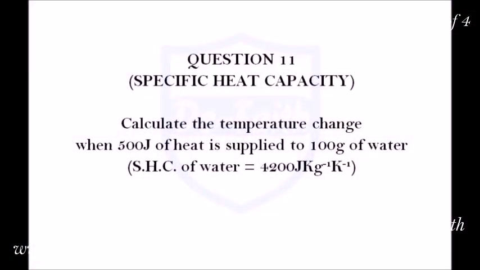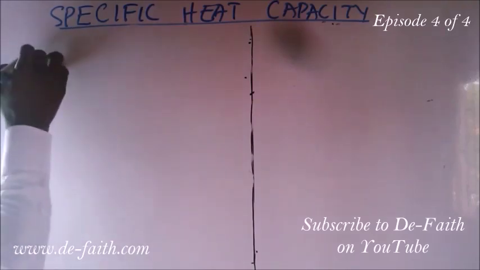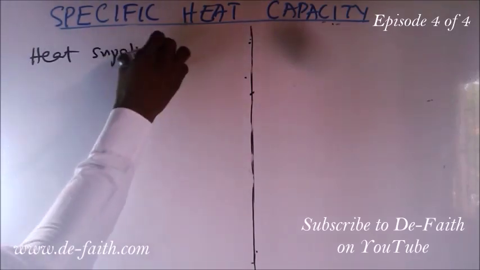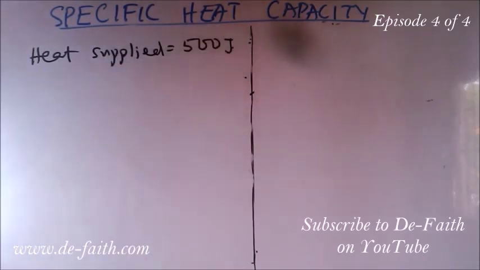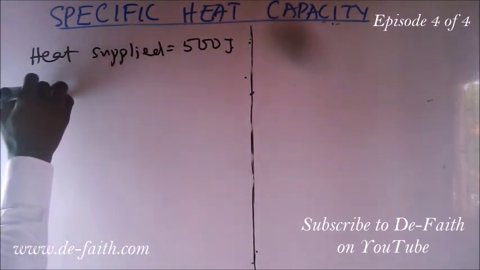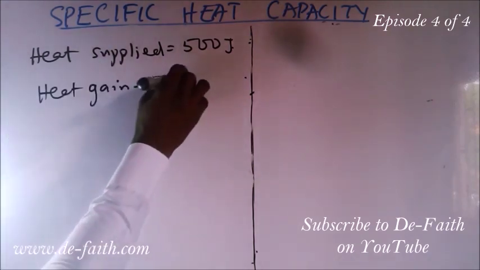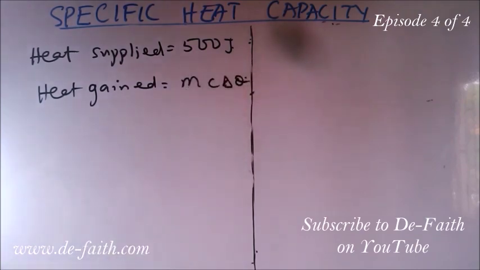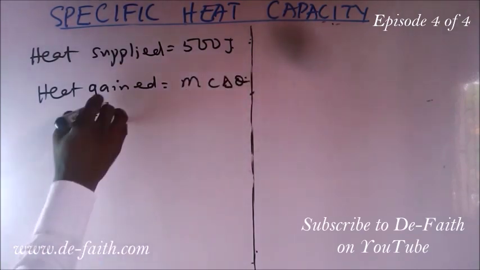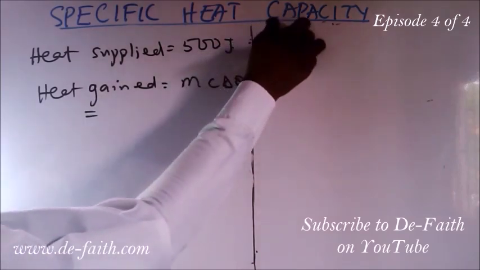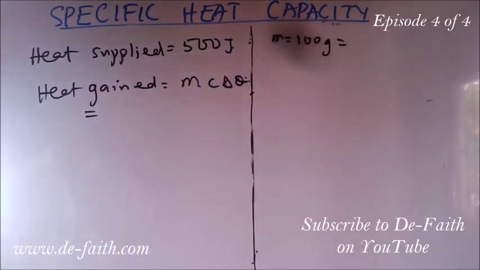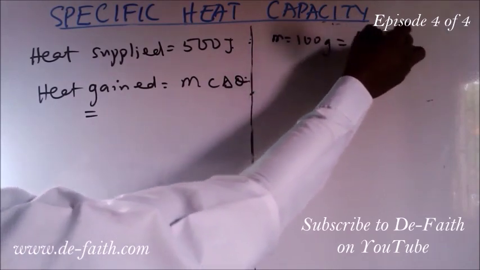The temperature change when 500 joules of heat is supplied to 100 grams of water. This is quite straightforward. We are told that heat supplied equal to 500 joules, and then heat is absorbed or gained, which is MC, change in temperature. So it was gained by the water. The mass of the water which was given is 100 grams, which we will convert into kilogram, and that will give us 0.1 kilogram.